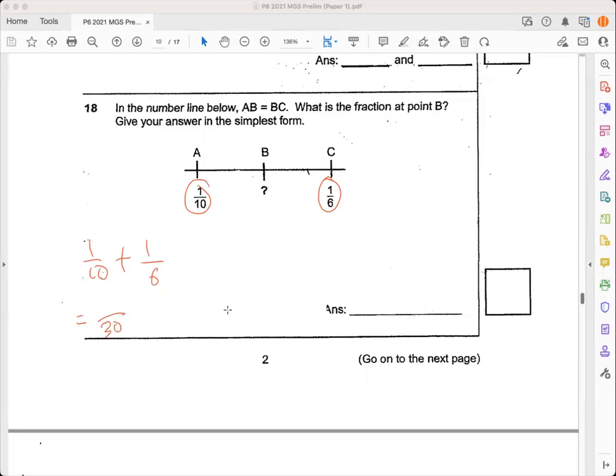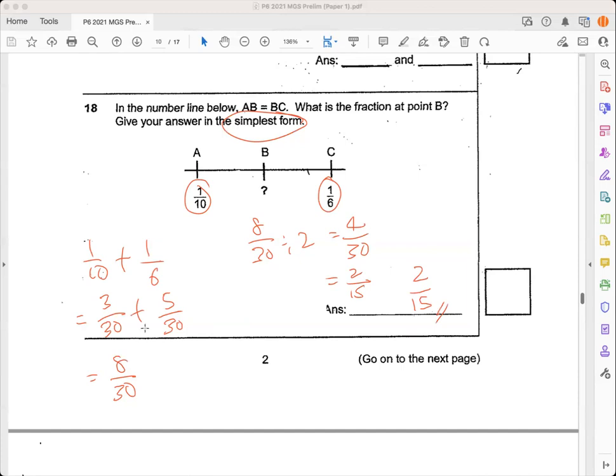So 10 times 3, 1 times 3. 6 times 5, 1 times 5. Together is 8 over 30. So the midpoint will be 8 over 30 divided by 2. You will get 4 over 30. Of course, simplify, because the question wants the simplest form. Divided by 2, 2. 30 divided by 2 is 15. So the answer is 2 out of 15.